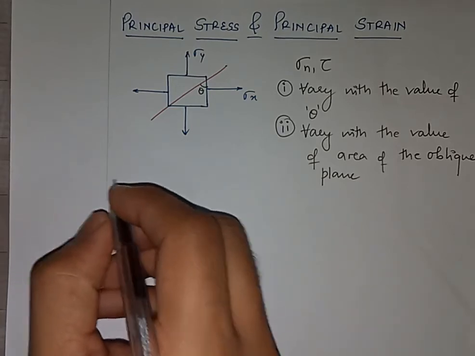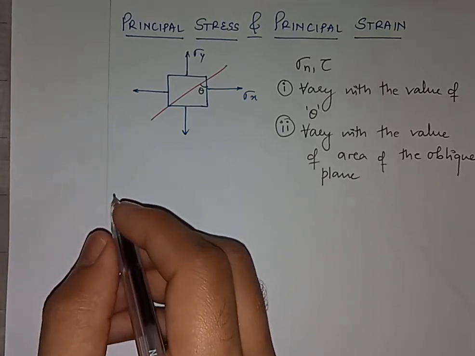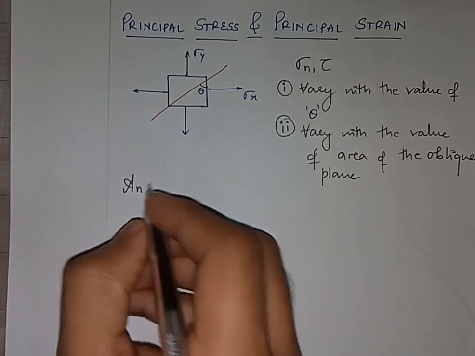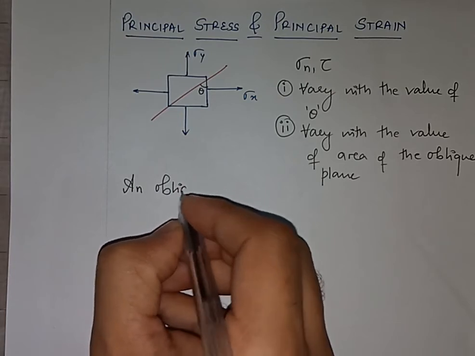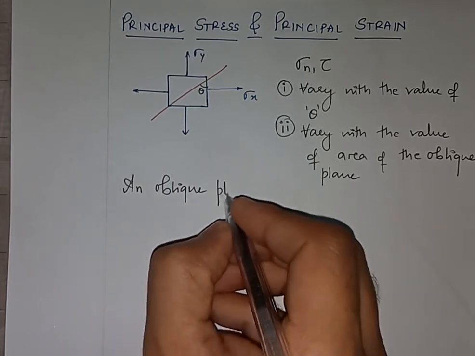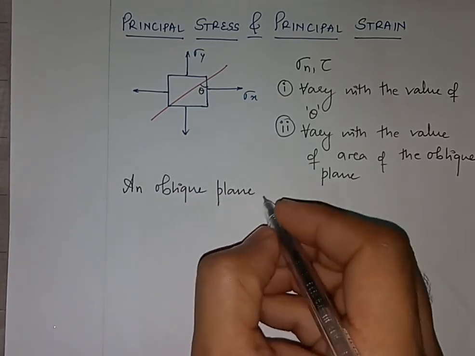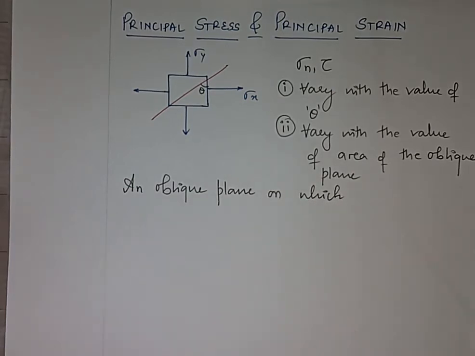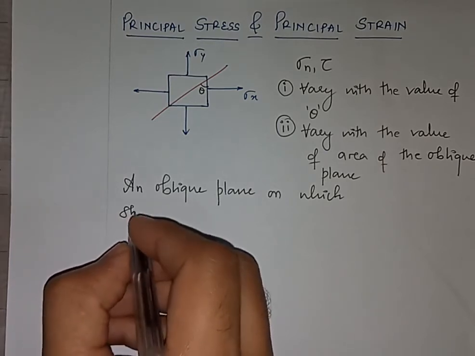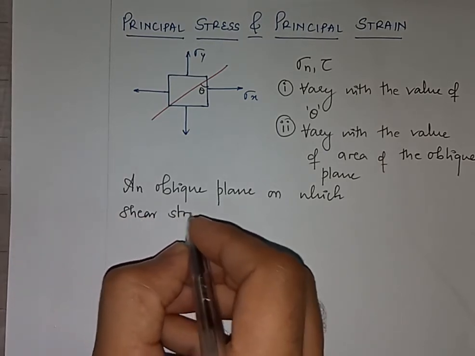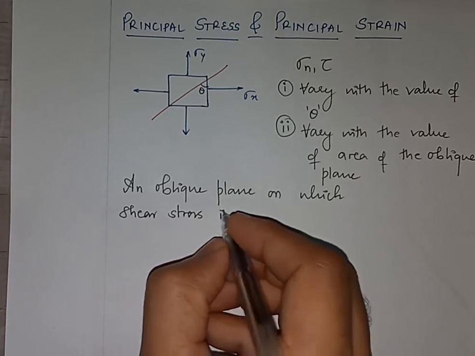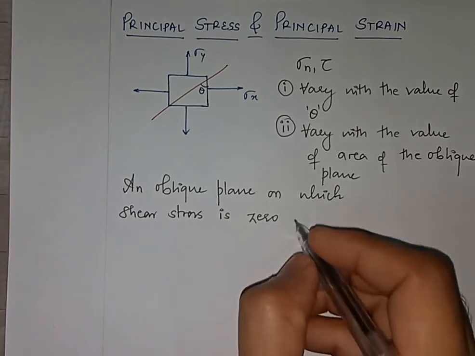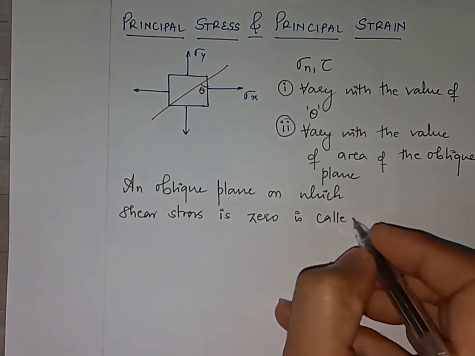So the definition of a principal plane is an oblique plane on which shear stress is 0.